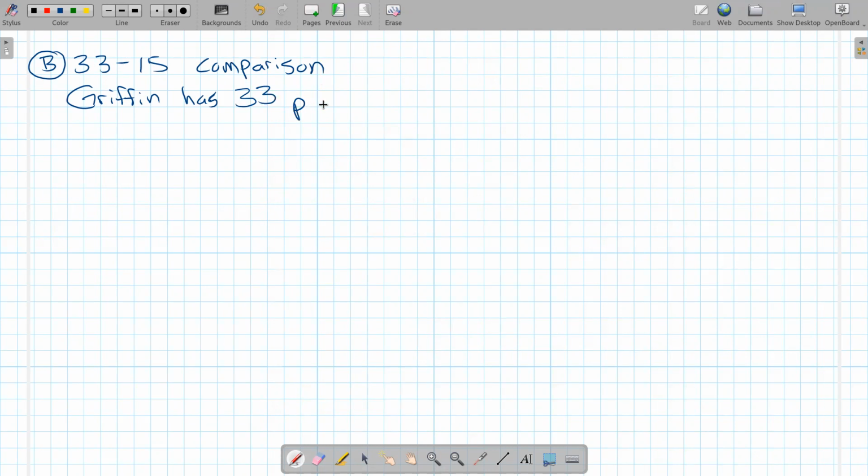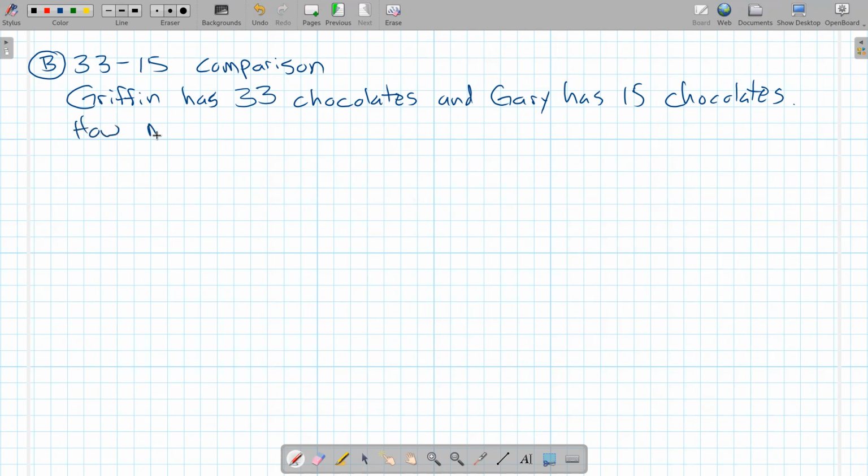Griffin made me think of Pokemon. He's obsessed about Pokemon. Let's go with the chocolates again, because I like chocolates better than Pokemon. And Gary has 15 chocolates. And we can either ask the question, how many more does Griffin have, or how many less does Gary have? Either way. I'm going to go with how many more.